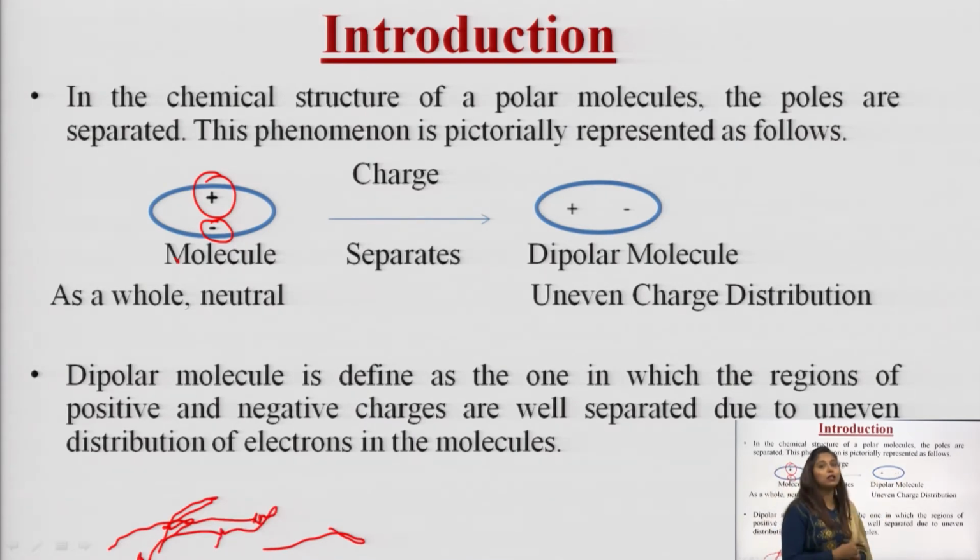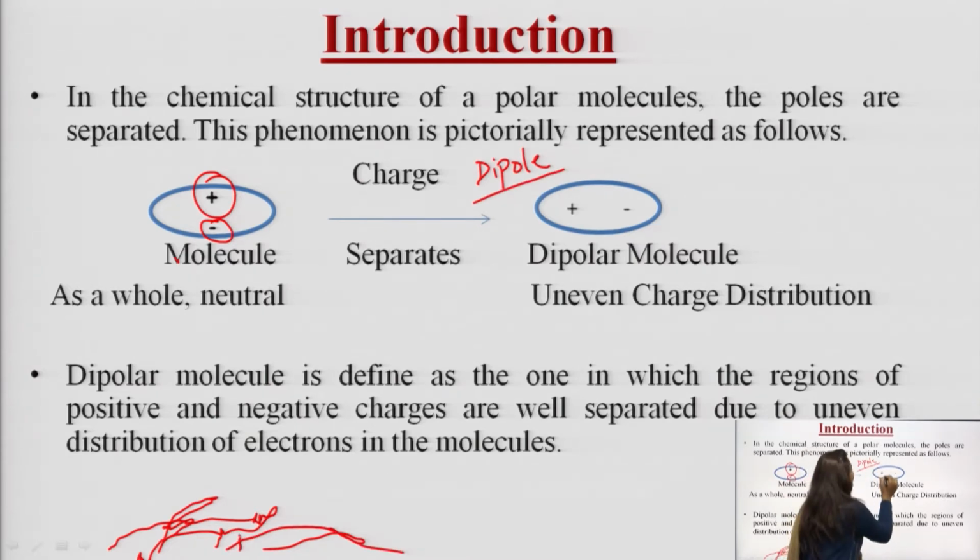In my previous class, I have already discussed the dipole. So, what was a dipole? In a dipole we have the positive ion and, on the other side, the negative ion. In our previous class we discussed that when the positive and negative ions are separated by a small distance, it is known as a dipole.